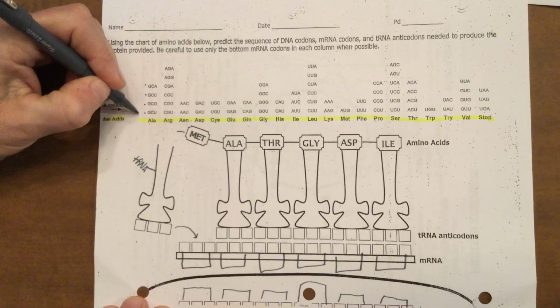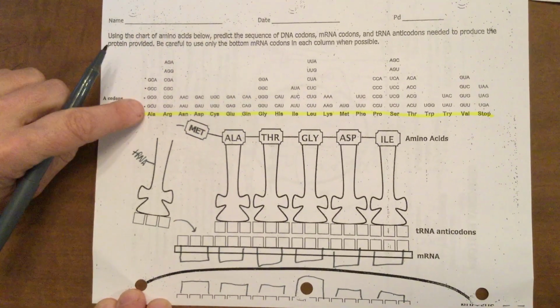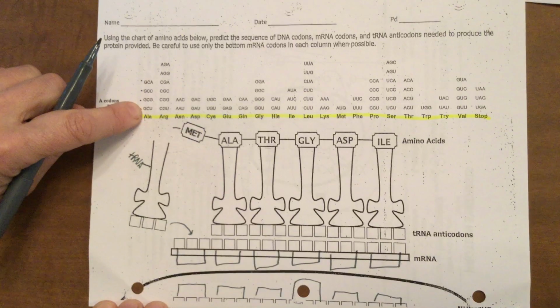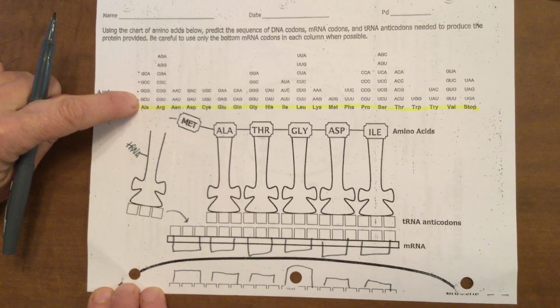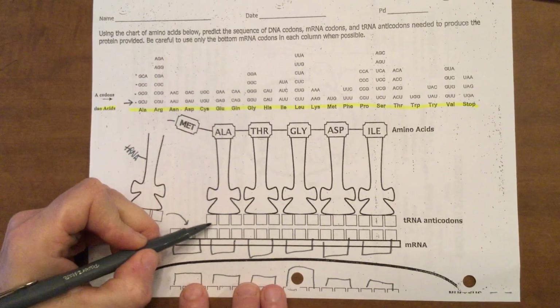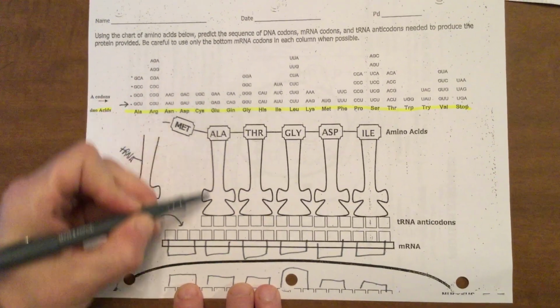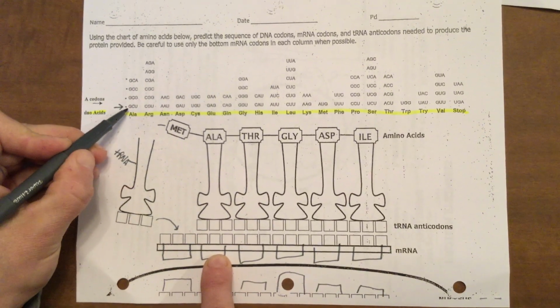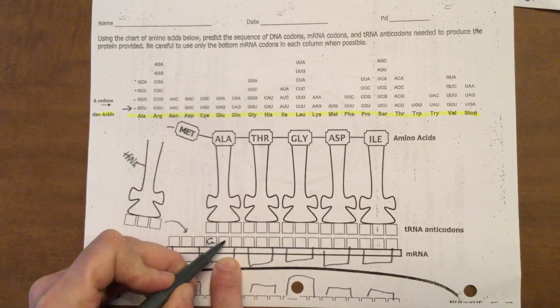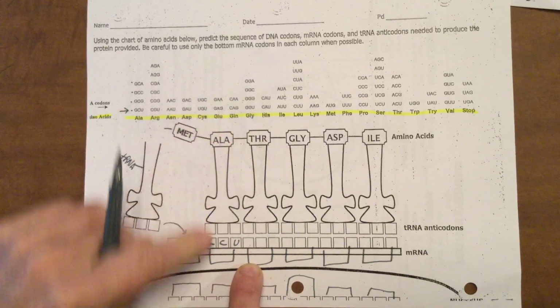I want you guys to use the first row only if you're given more than one codon. So for instance, alanine, it says GCU. I don't want to stick that on transfer RNA. Yes, he's carrying in the amino acid, but it is my code on messenger RNA. So I'm going to put GCU there. That's what it's coding for.